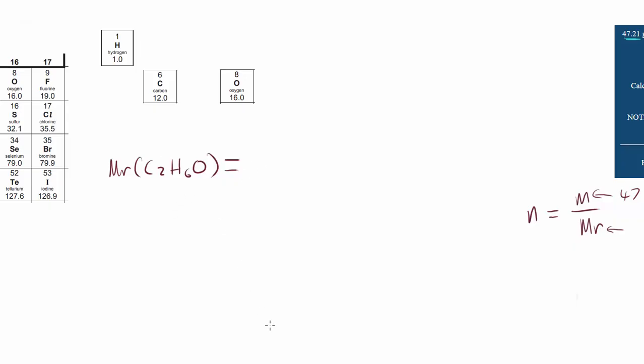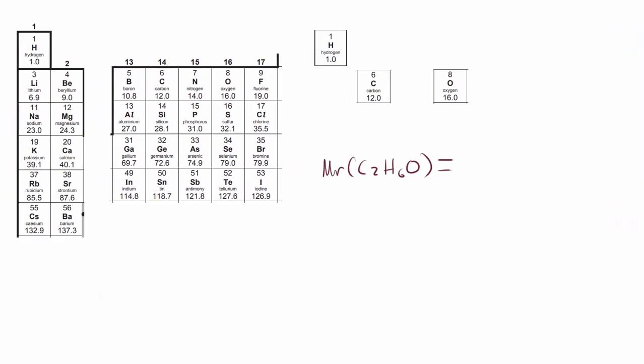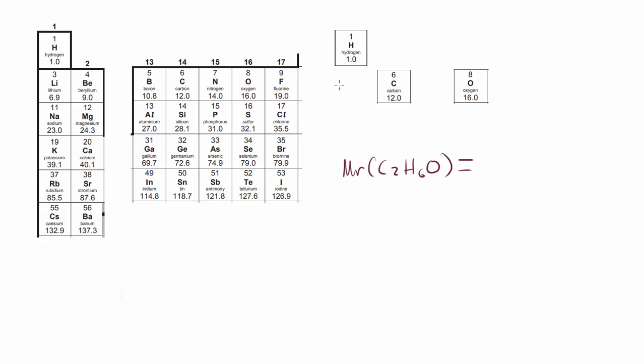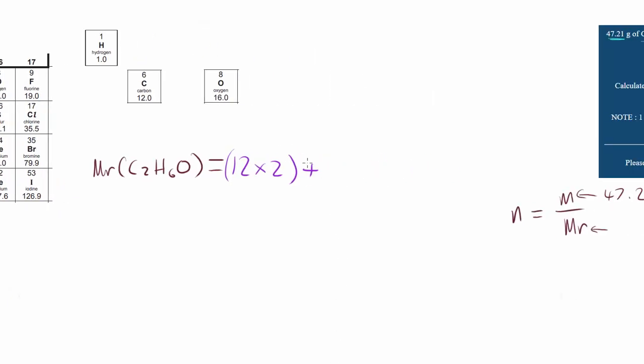For C2, the relative atomic mass of carbon is 12, so that's going to be 12 times 2. For hydrogen, the relative atomic mass is 1, so it's going to be 1 times 6, for H6. And oxygen, there's no coefficient written there, so you can infer that the coefficient is 1.